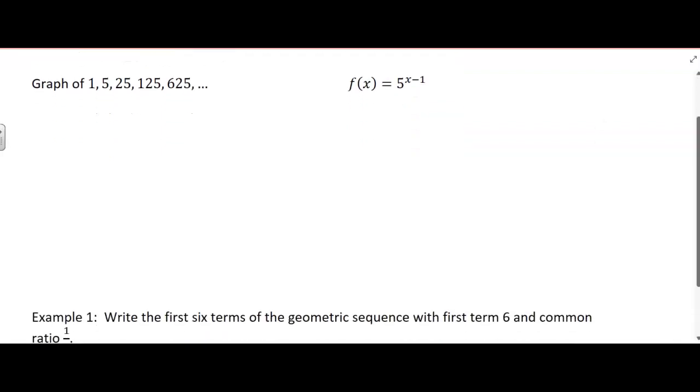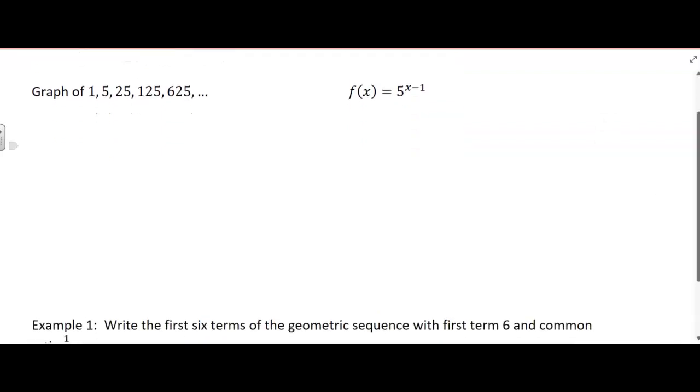So let's look a little more at these geometric sequences. That first one we had, if we were to graph that, say you have 1, 2, 3, 4, 5, 6, something like that. And then we're going to have to count these fairly big. So let's go 10, 20, 30, 40, 50, 60, 70.